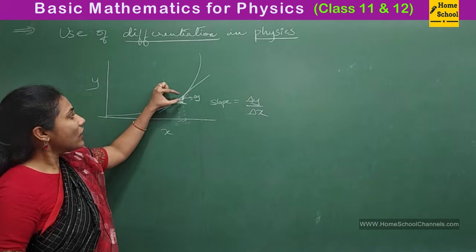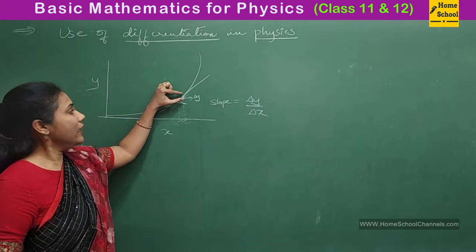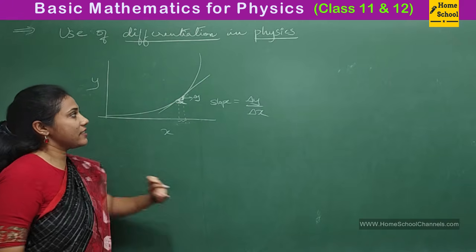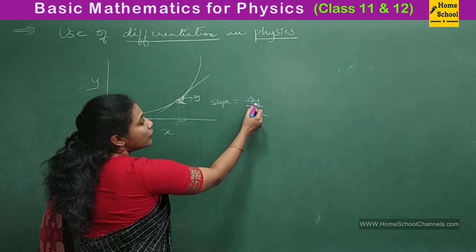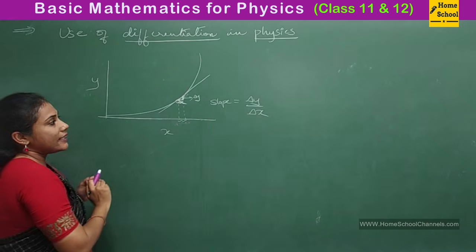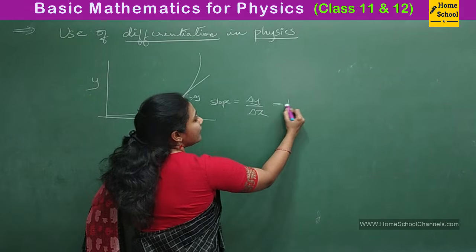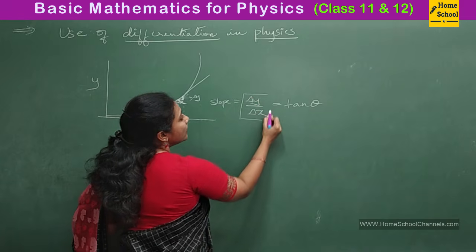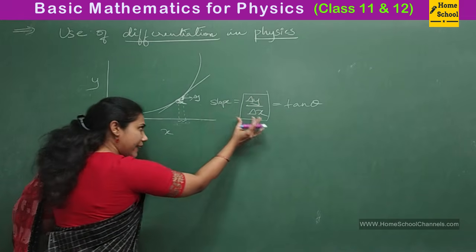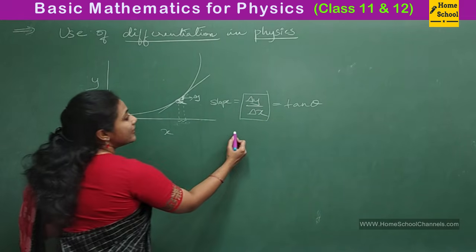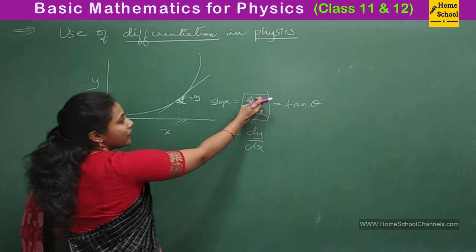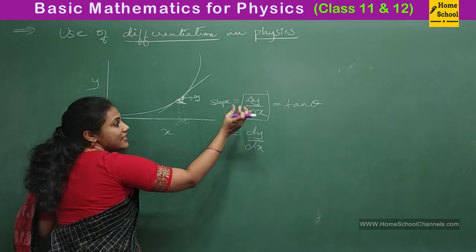This is really a very, very small difference, right? So delta y and a small difference delta x. So slope is always equal to delta y divided by delta x, which is nothing but tan theta. This particular thing can also be represented as dy by dx, the small difference in y and small difference in x.